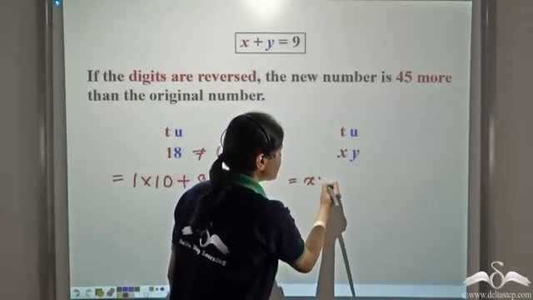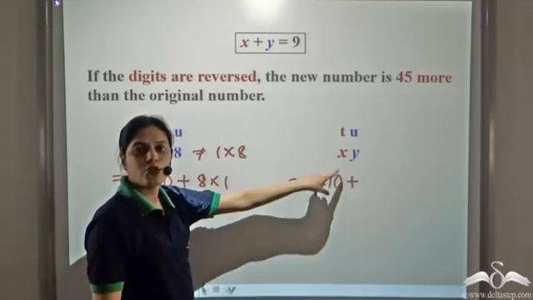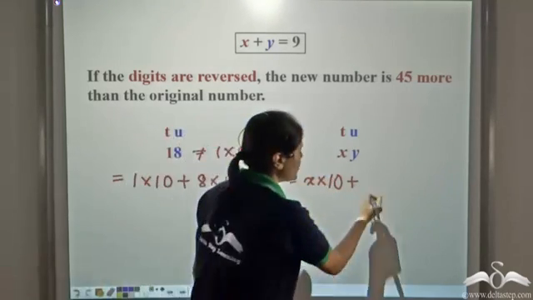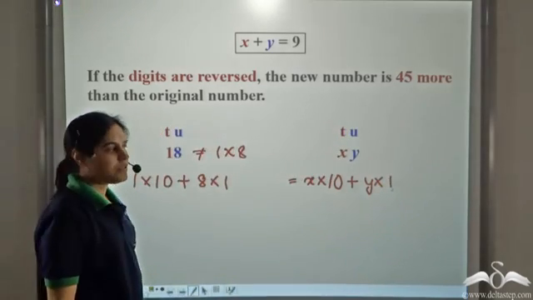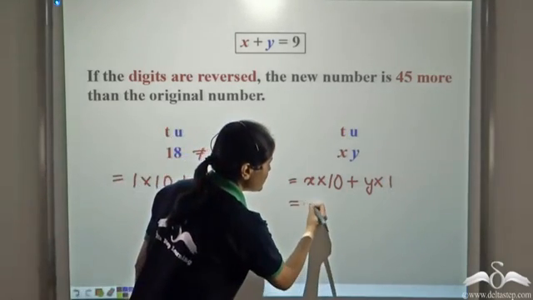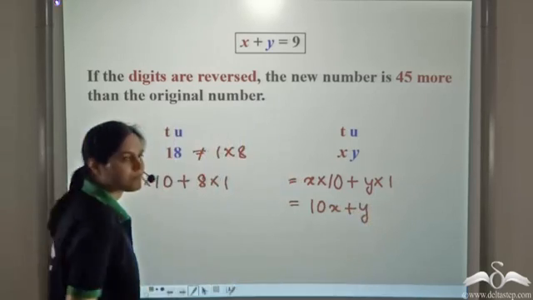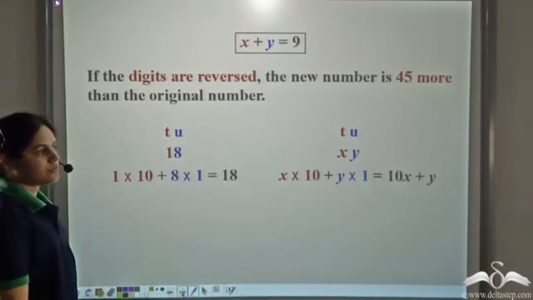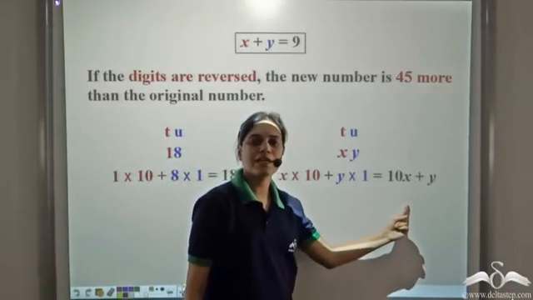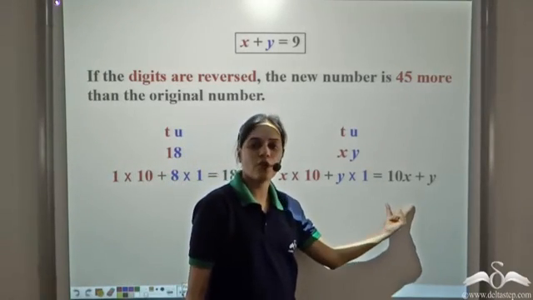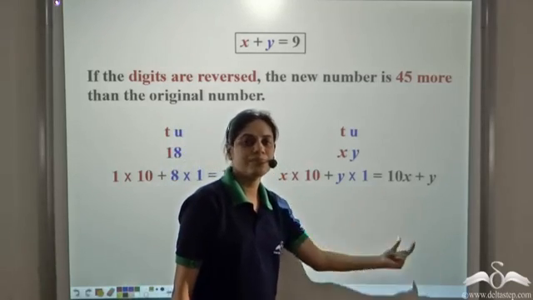So we write x into 10 plus units digit is y into 1. So this gives us 10x plus y. So this is our number. 10x plus y is the number which I have thought of.